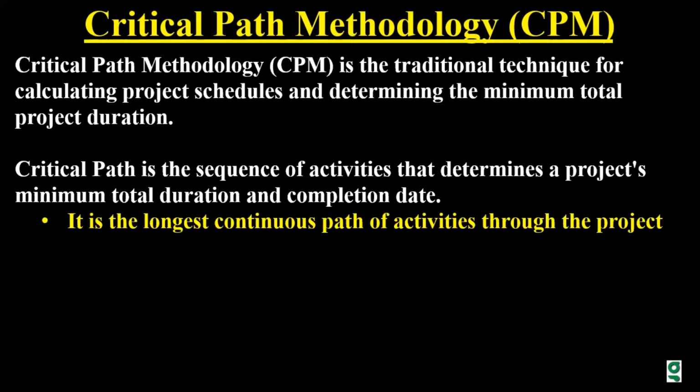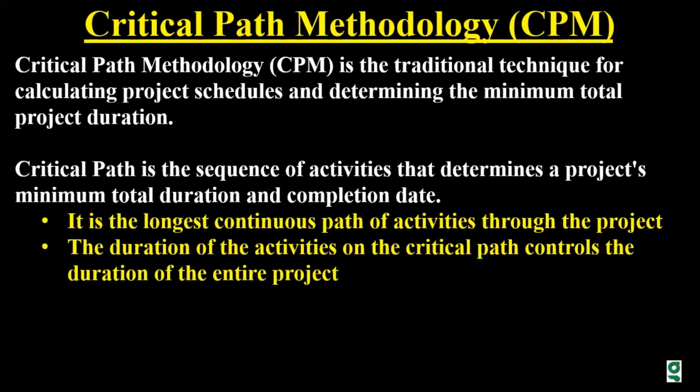A critical path can also be said to be the longest continuous path of activities through the project. The duration of activities on the critical path controls the duration of the entire project.